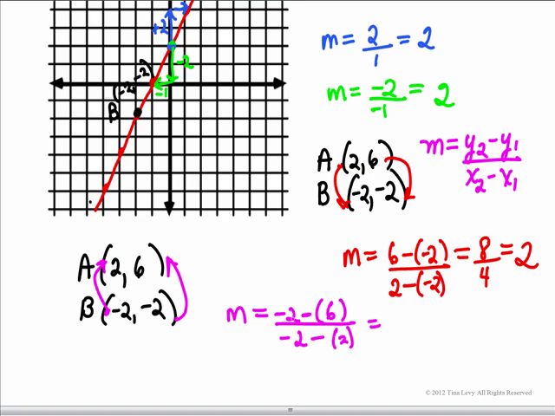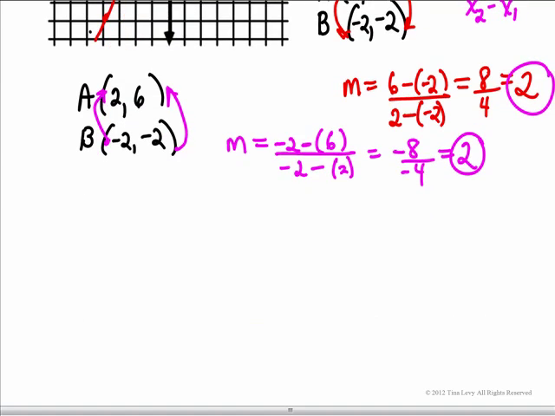Sure enough, negative 2 minus 6 is negative 8, negative 2 minus 2 is negative 4, and that becomes 2. So it is the same slope; it does not matter which of the ordered pairs you start with. So we don't need a graph in order to get slope.